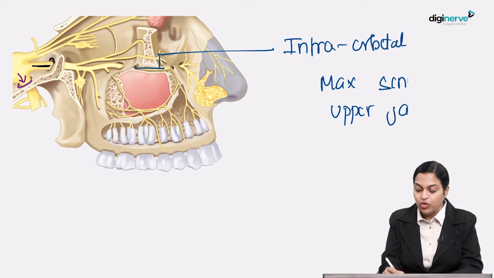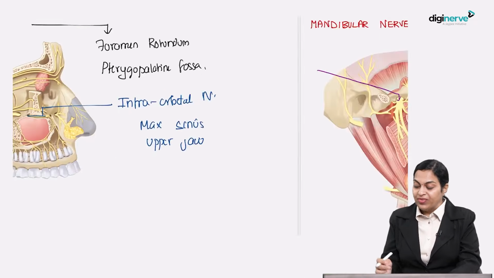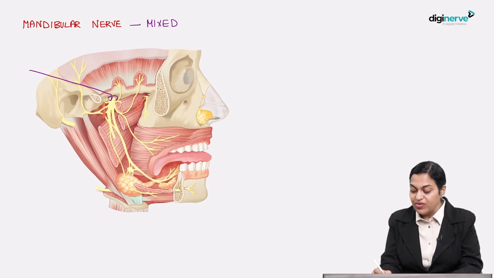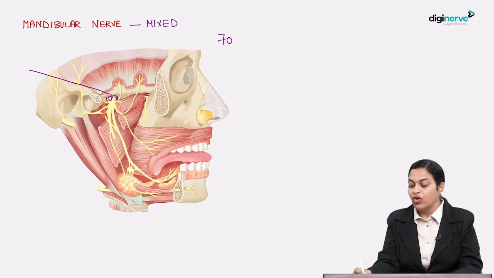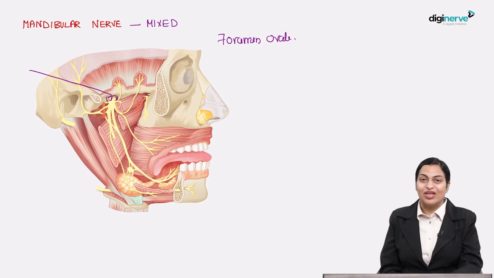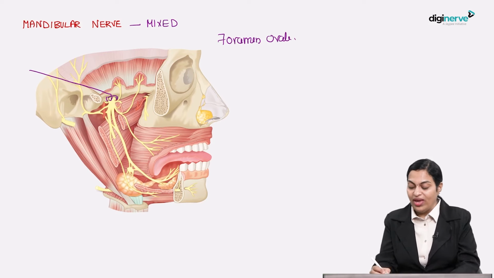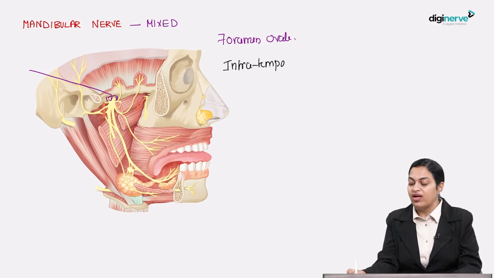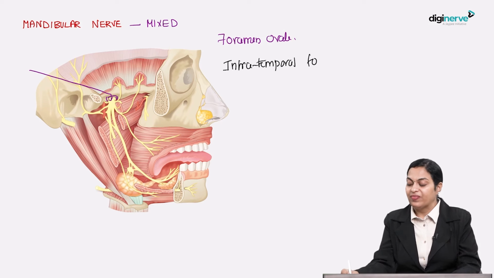You can see it passing through a foramen. Yes, that foramen here that you see is the foramen ovale. The mandibular nerve exits the middle cranial fossa through the foramen ovale and reaches this area called the infratemporal fossa, right?